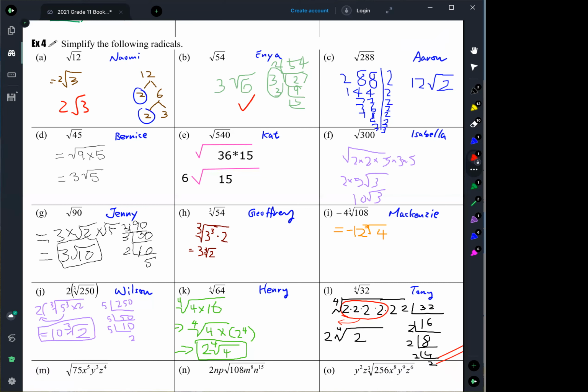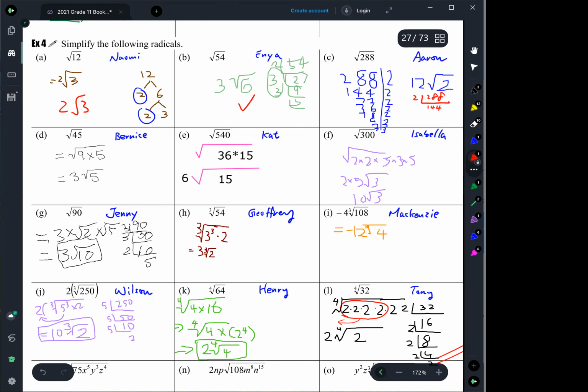For 288, if we use 2, you can see that it's quite long, even though it's still manageable. So let's see if I can make it shorter. If I do 288 and use 2, you get 144.